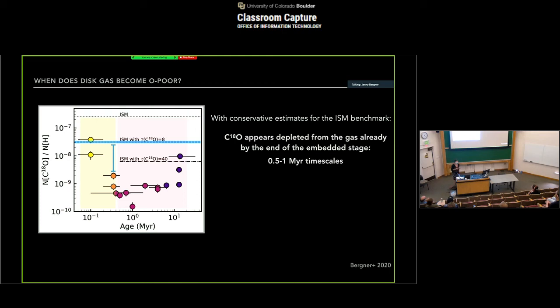It seems like they must be at least an order of magnitude depleted in CO. This gives us some constraints on the time scale for this oxygen depletion, that it's happening maybe between 500,000 and 1 million years within the disk lifetime. So again, this oxygen-poor gas, or the reducing chemistry that we see in more mature disks, is probably established pretty early in the disk lifetime, maybe around or just before the disks enter the class 2 stage.